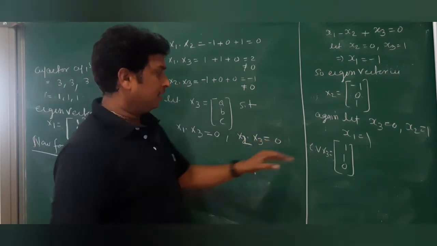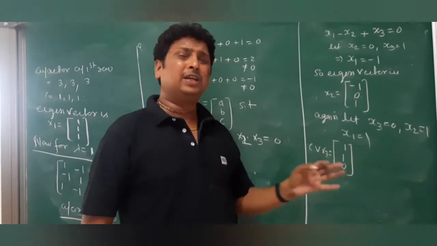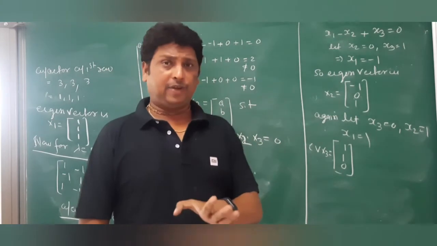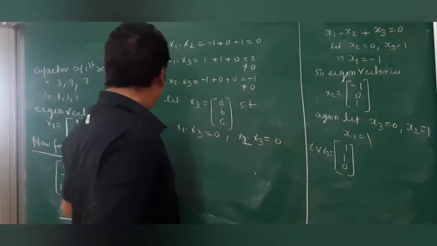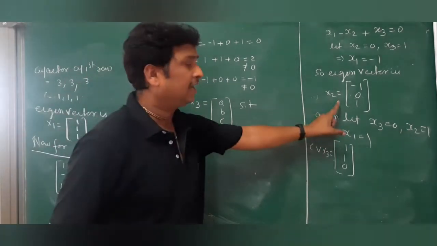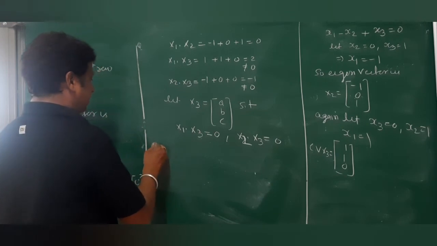So suppose this vector is not orthogonal to x1 and x2, then choose that vector A, B, C such that it is orthogonal to x1 as well as x2. We have chosen. Now apply the condition.